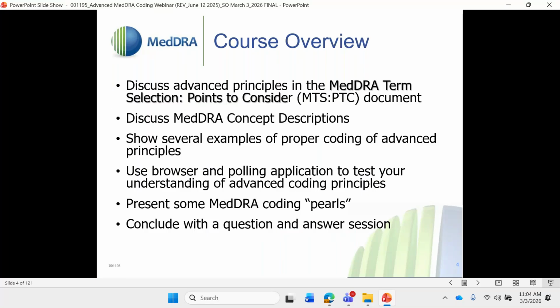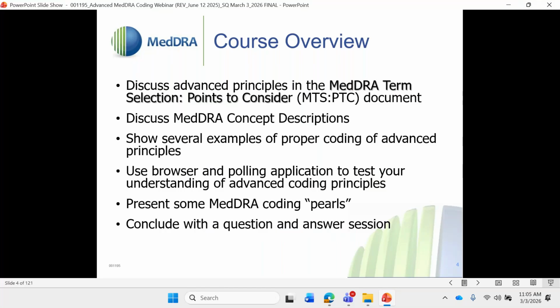Some of you who have attended our MedDRA coding basics class are familiar with this document, where we also discuss some of the principles. We're going to look at the various MedDRA concept descriptions and how to find them from the website and from the browser as well. And then, of course, there will be several examples of how to properly code using some of the advanced principles outlined in the MedDRA PTC document.